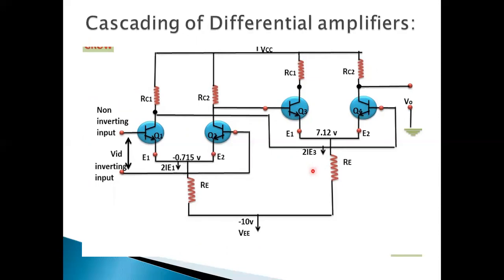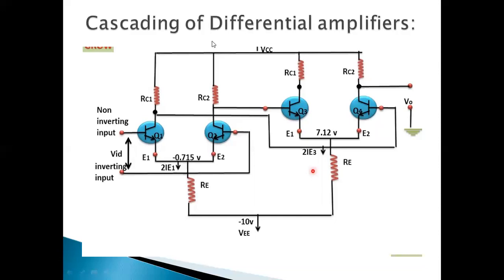In this topic, we are cascading a number of differential amplifiers in order to get a higher gain. What is meant by cascading? Cascading is when the output of the previous stage is given to the next stage. So the output of the first stage is given to the second stage.